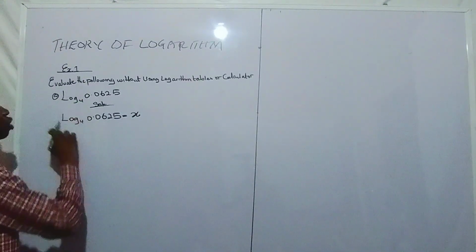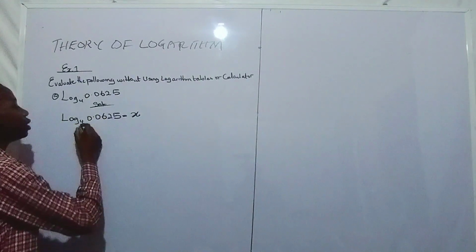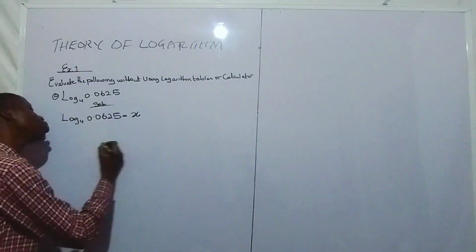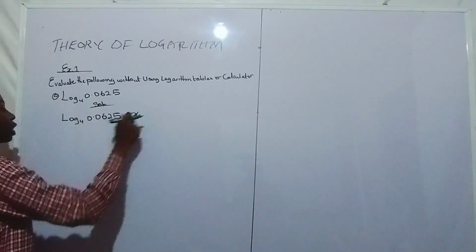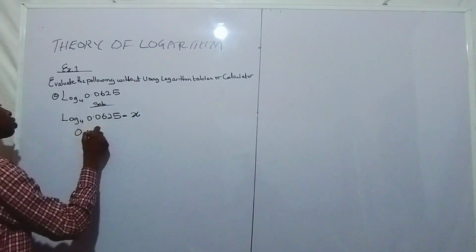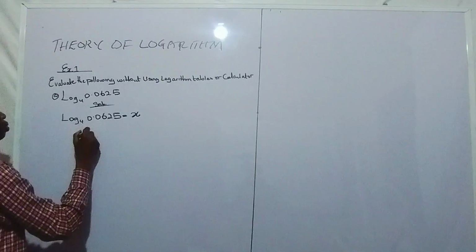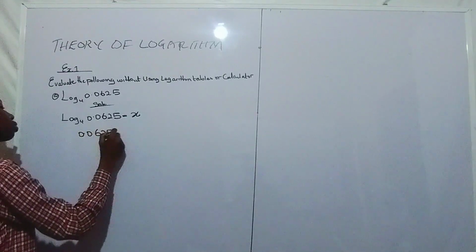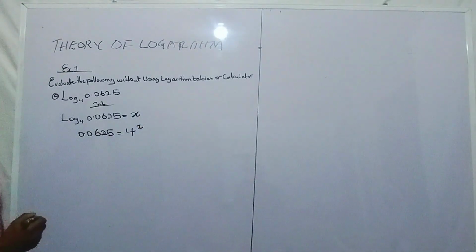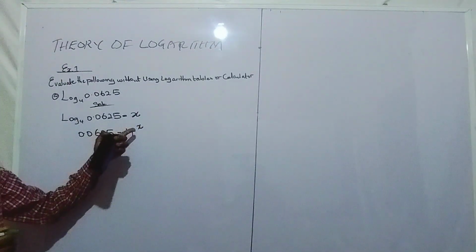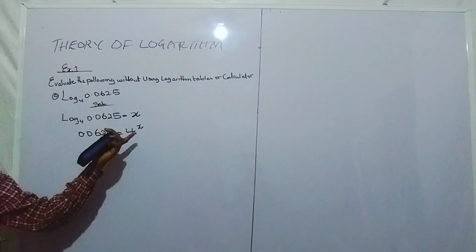So following the normal way, this base here now moves to the other side. We are looking for the unknown. This base moves to the other side. So we have 0.0625 is equal to 4 raised to power x. The power here is unknown, but we have a base.